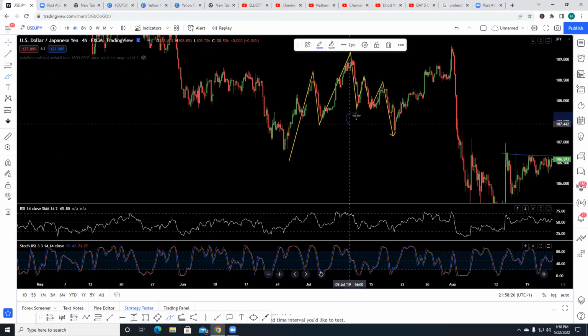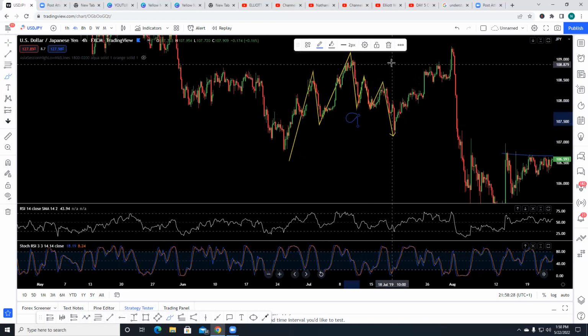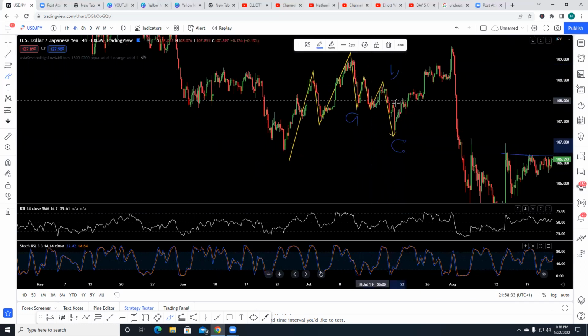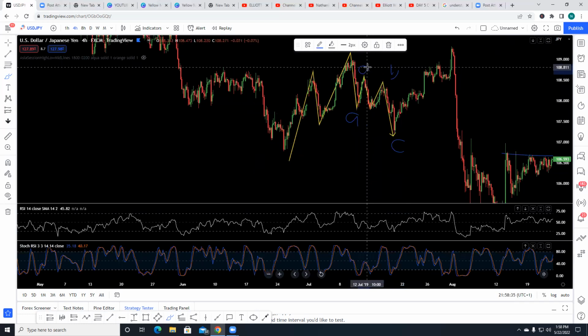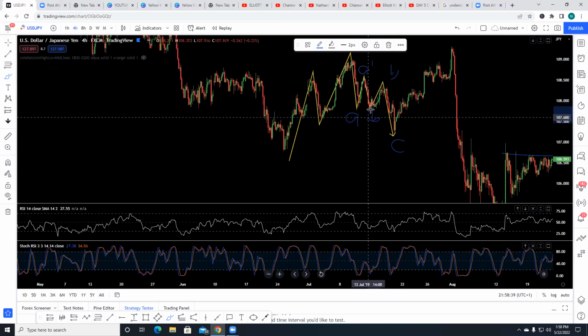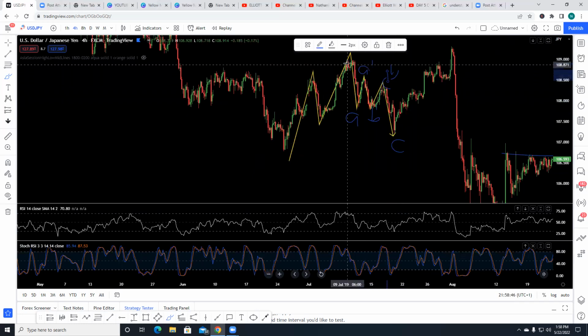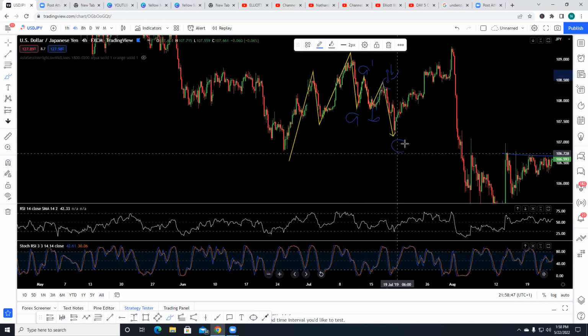This is wave A. This 3 in the middle is wave B here, and then you have wave C here. And this 3 in the middle is A prime, B prime, C prime. Can you see? A, B, C is B. This one here is A. This is the completion. This is C.